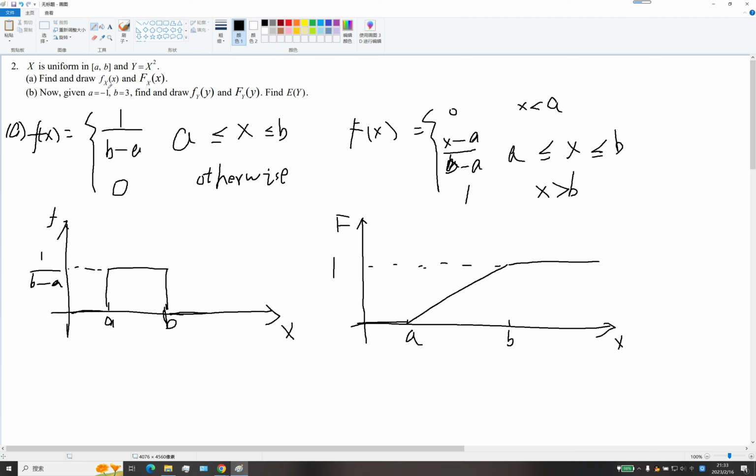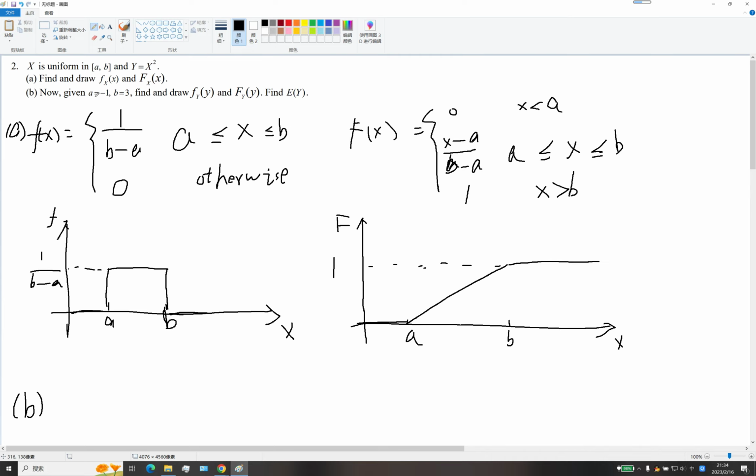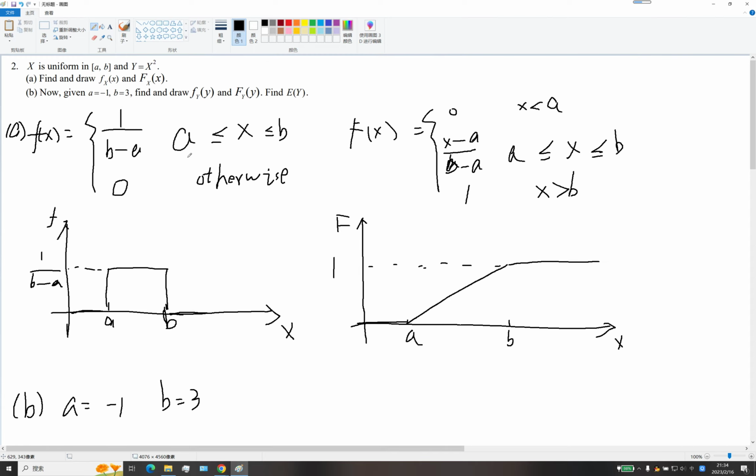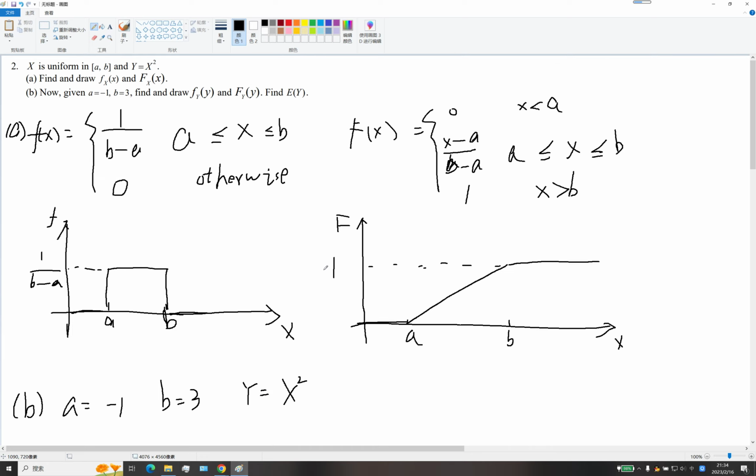Now, given a equals -1, b equals 3, find and draw f_Y and F_Y, and find E[Y]. So a equals -1, b equals 3, and Y equals X squared.